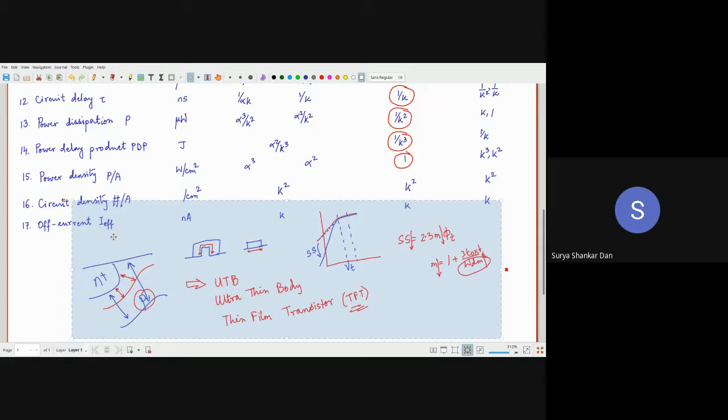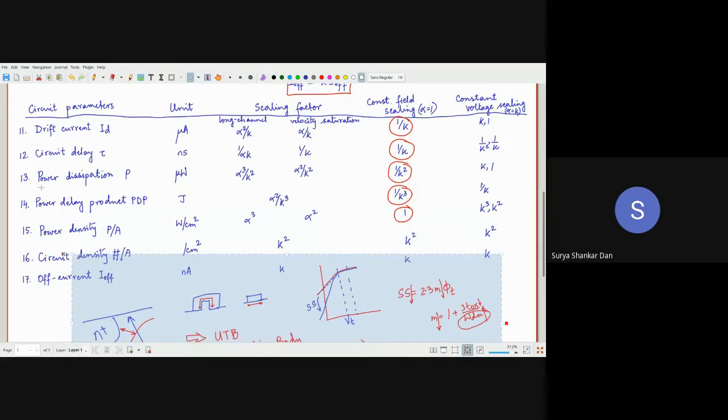Just for the sake of completion, I put off current here, to show that off current increasing is actually a bad thing. For example, we have seen the power delay product, or let us say the power density. Power density goes as k cube and k squared, which is a very, very bad thing.